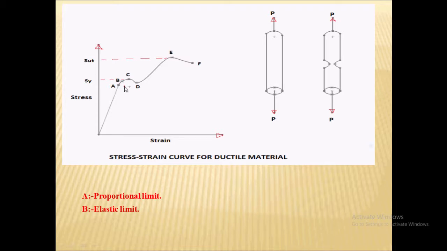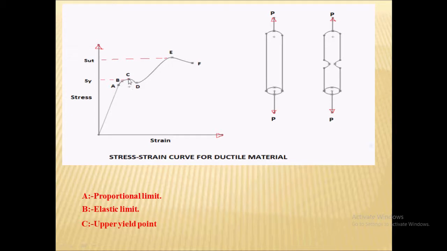Elastic manner means if you remove the tensile load, it will regain its original shape and size. And after point B there is C. This point is called the upper yield point.